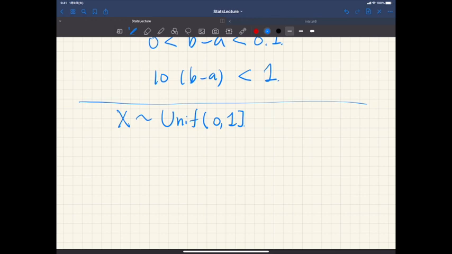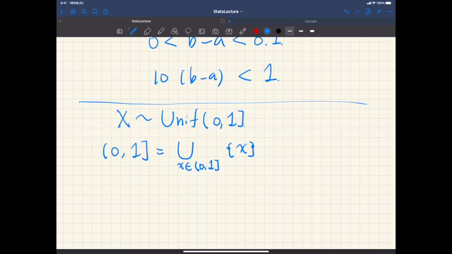Now, this interval between 0 and 1 seems to be expressible as a union of single points.